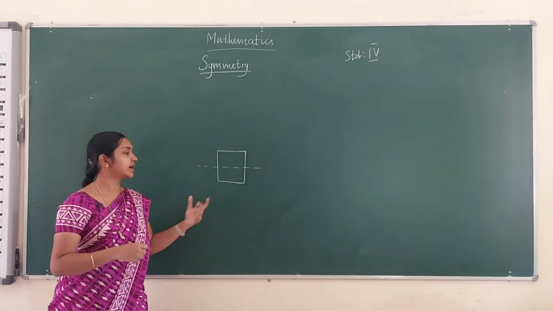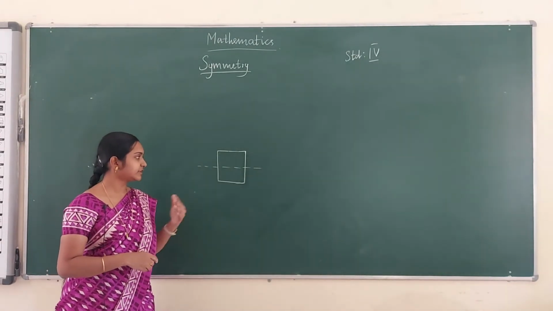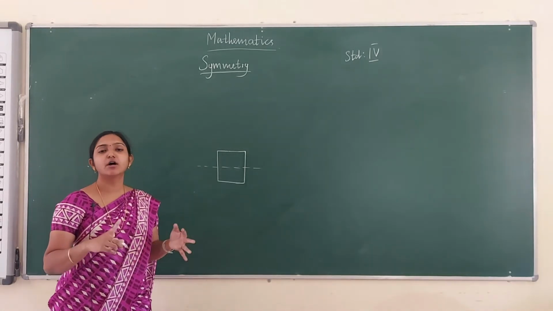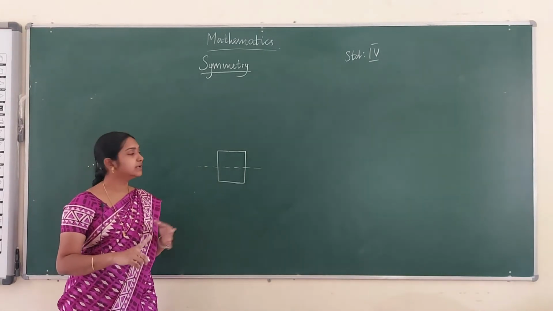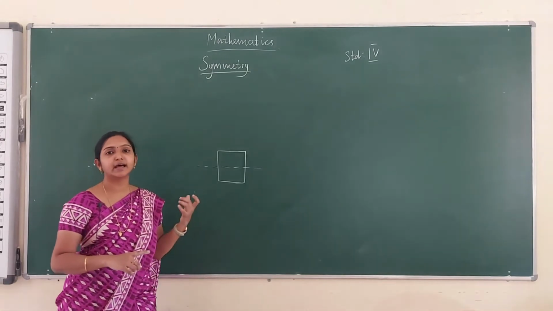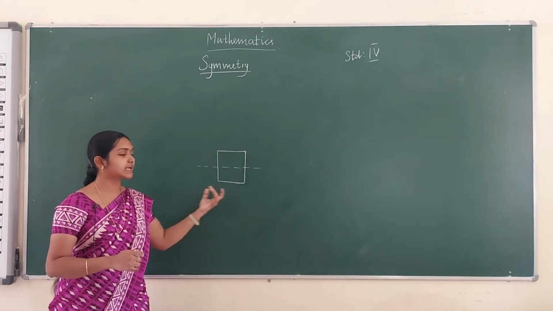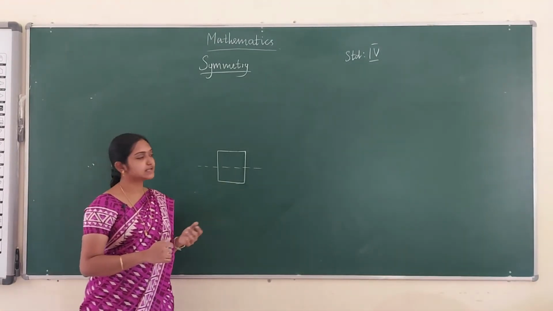So, square is symmetrical. We call an object or image or a design symmetrical when it is divided by a line and both the sides look the same.